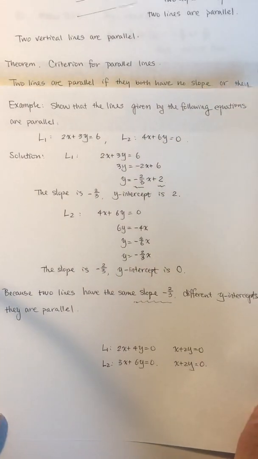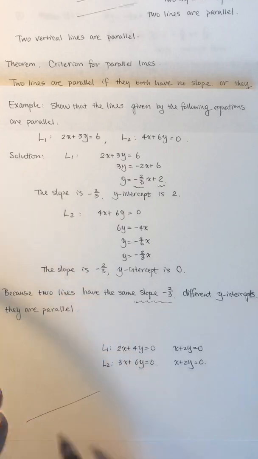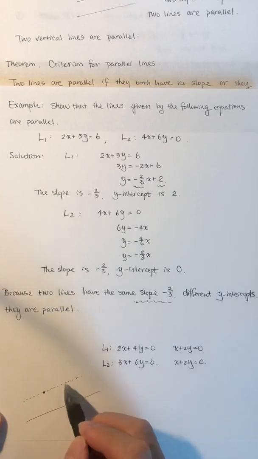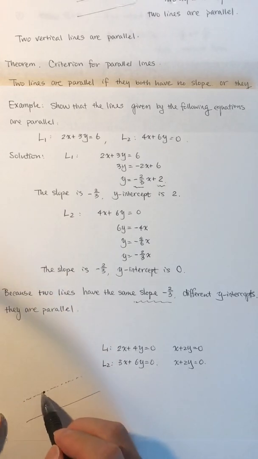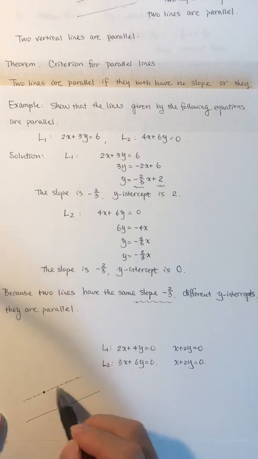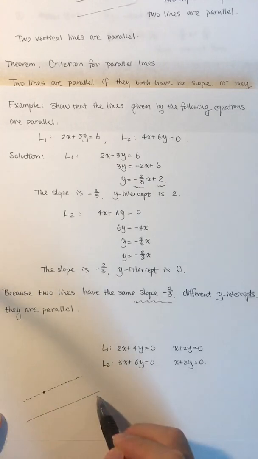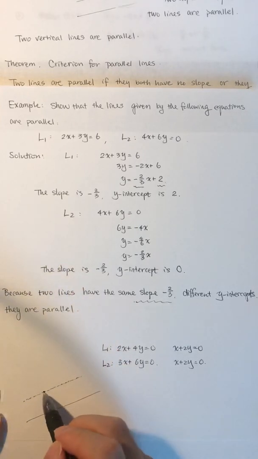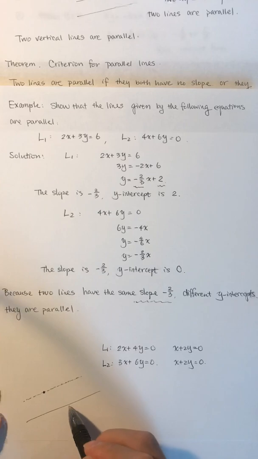Another geometric question is that I already have a line and a point outside the line. I want to determine the equation of the line through the given point, the exterior point, parallel to the given line. Okay, I give you a line, I give you a point, I'm looking for the line through the point, parallel to the given line.